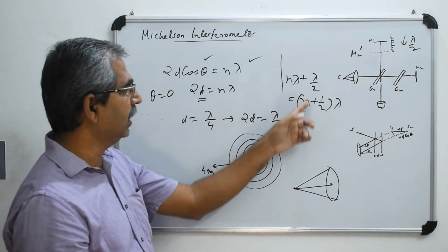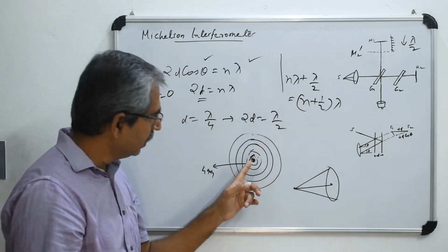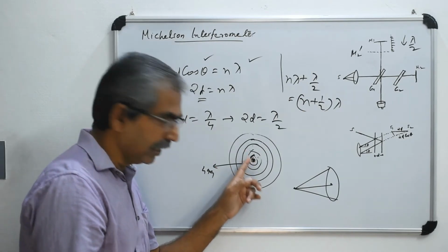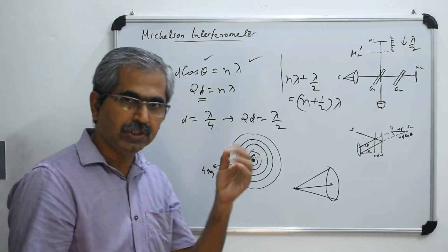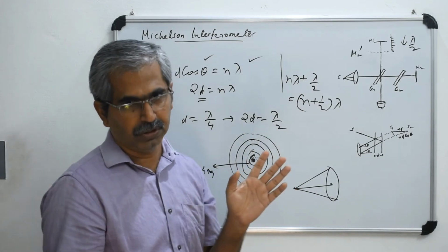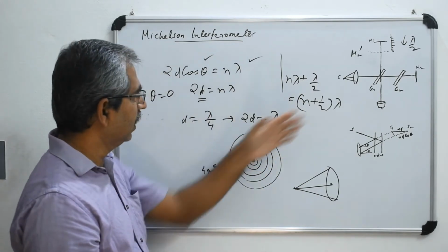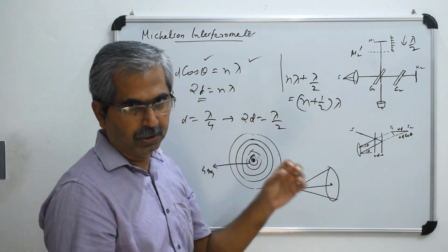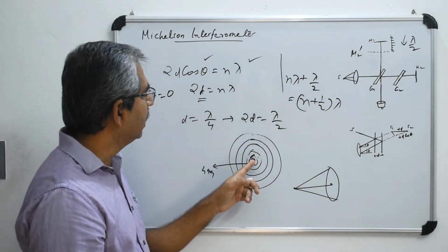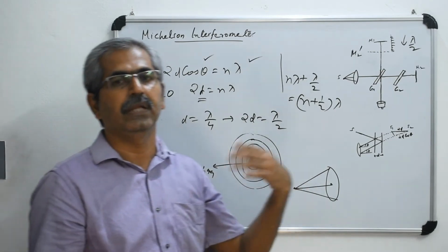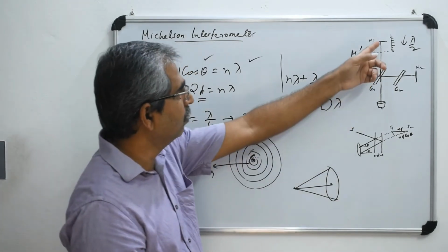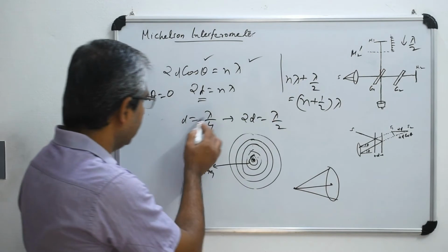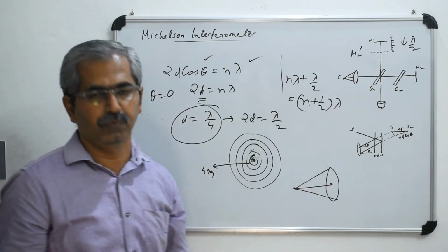So what is happening is that at the center, this dark spot will change into a bright spot, because now the condition is 2d is equal to n plus half lambda. Okay, so if you want to replace the dark spot at the center with a bright spot, you have to move the mirror M1 by a distance of lambda by 4.